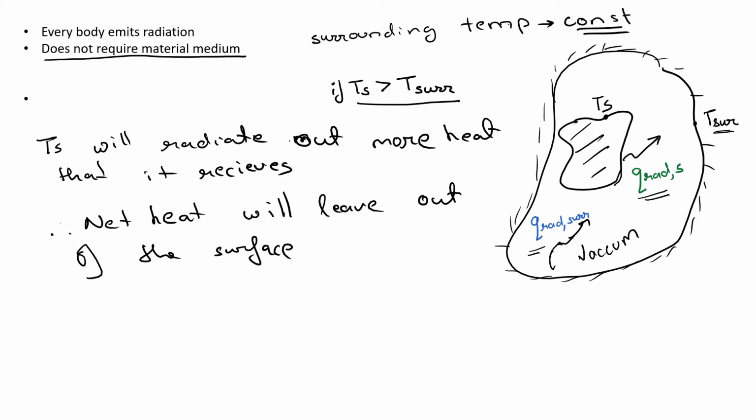Okay, so there will be a radiation in both directions, but if you look at the net radiation, it will move out of the system, and we'll look at this mathematically as we move forward.